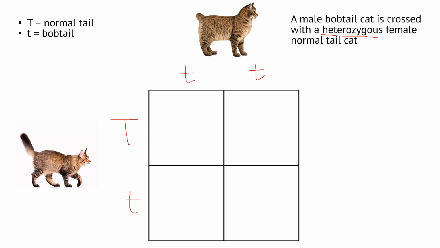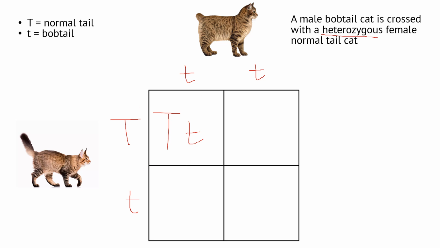The first thing we do then is take this T over here and this t over here. We take the capital T, put it in the square, and then the lowercase t, because the mother is going to pass on this capital T while the father is going to pass on this lowercase t to their possible offspring. So this is one possible genotype if these two cats were to mate.